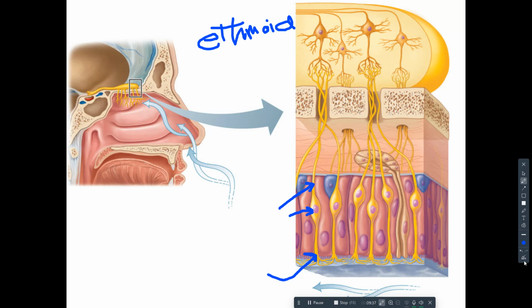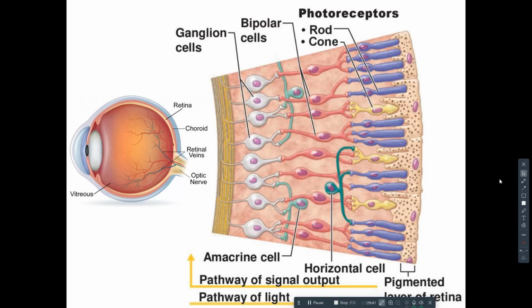Now, as I said a moment ago, we also have bipolar neurons in our retina. This is the eyeball here. Anterior is on this side, posterior is on this side. In the back of the eye, there's this light-sensitive organ called the retina. And we're zooming in on the retina here.